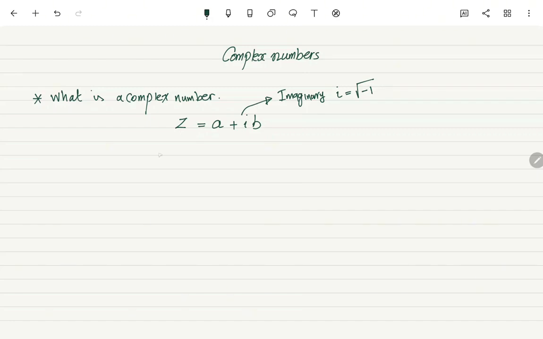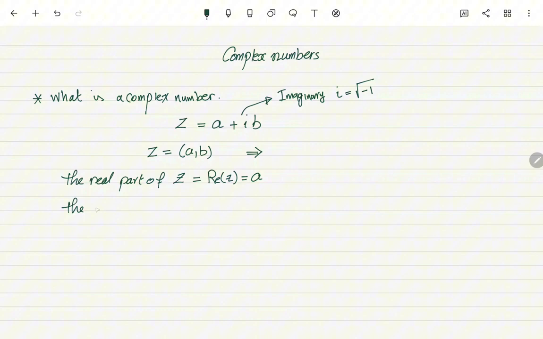Sometimes z can be written as a and b in such a way that the real part of z is equal to a and the imaginary part of z is equal to b.